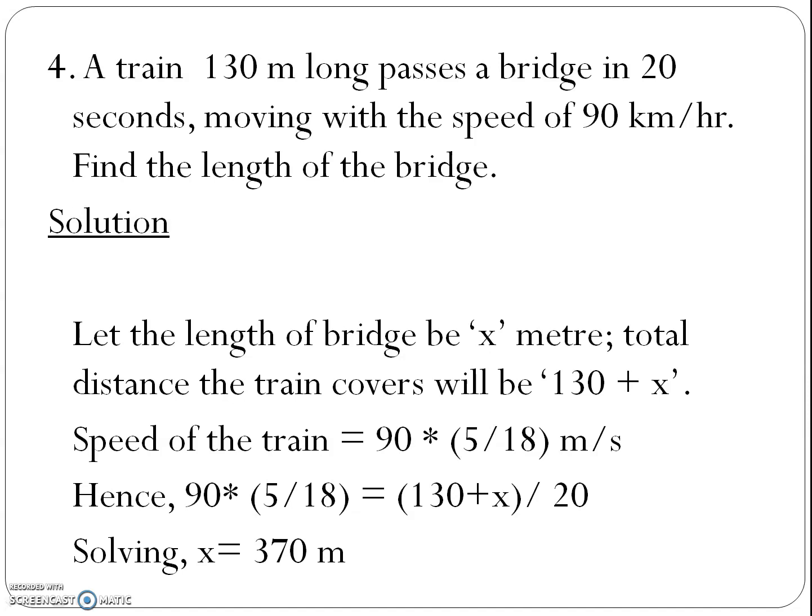Also, the speed of the train will be distance by time, that is 130 plus x divided by 20 meters per second. Both these speeds will be equal. Therefore, 90 into 5 by 18 will be equal to 130 plus x divided by 20. Solving this relation, we get x equal to 370 meters. That's the solution.